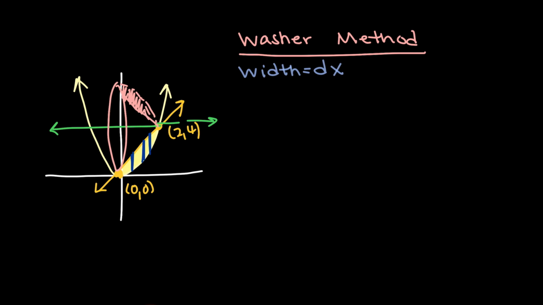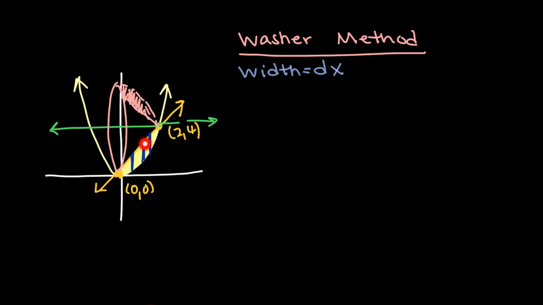So we're going to start with the washer method. When you use the washer or the disk method, your slices, or rectangles, have to be perpendicular to that axis of rotation. So if I create slices that are perpendicular to the line y equals 4, that would be vertical slices.